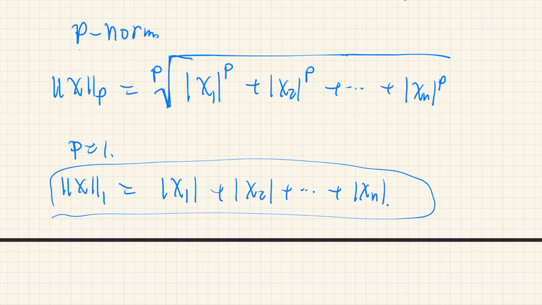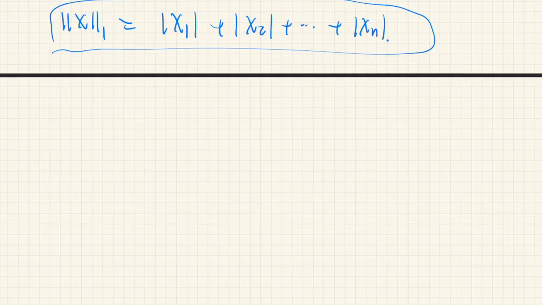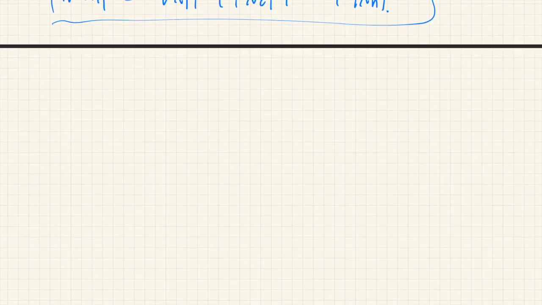Using this notion of the Euclidean norm, we define the unit vector to be any vector with a norm of 1. So if the norm of this vector u is equal to 1, then we say u is a unit vector.